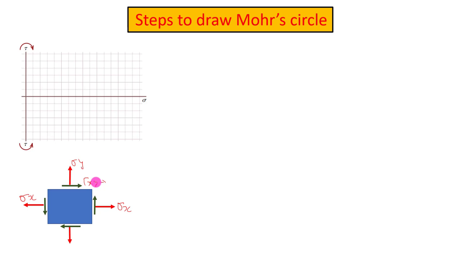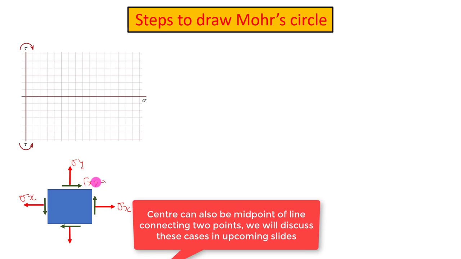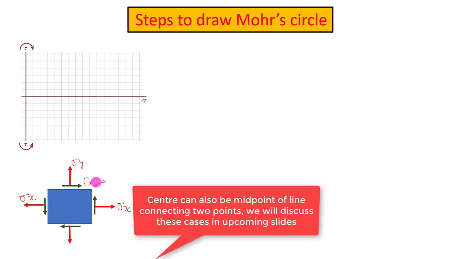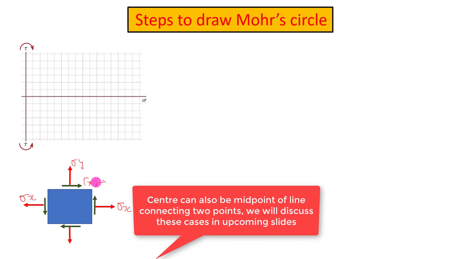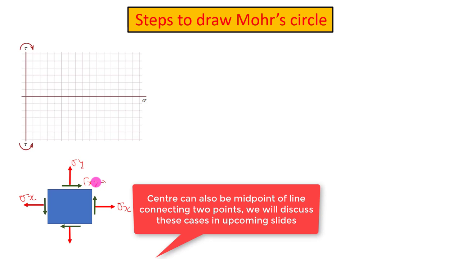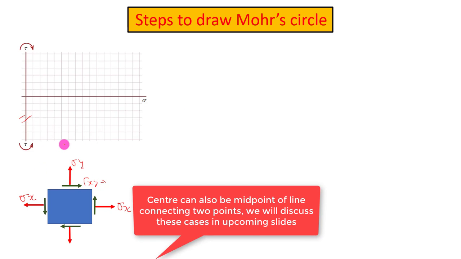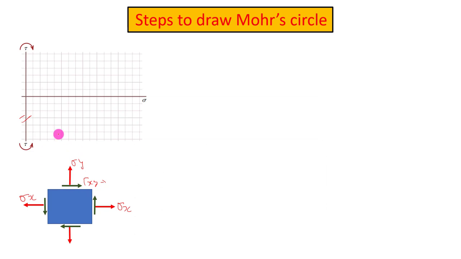Similarly, for shear stress, if the stresses on the faces are producing anti-clockwise rotation in the element, they will lie on the negative vertical axis, like in this region. And if those stresses are producing clockwise rotation about the centroid of the element, they will lie on the positive part of this vertical axis.